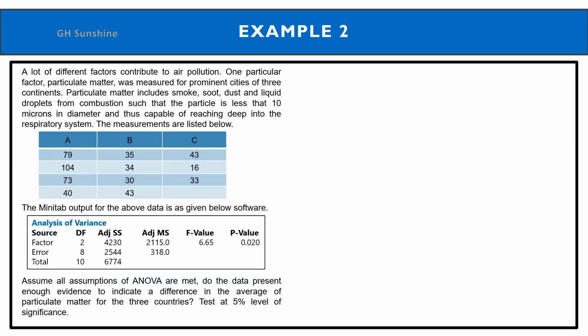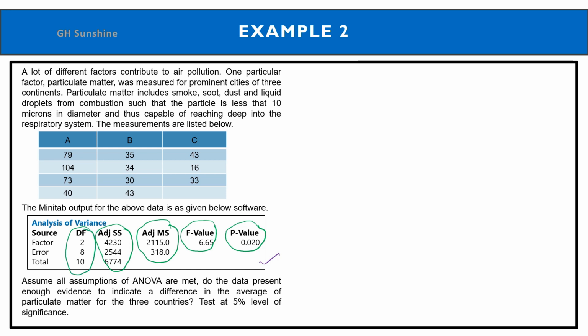Now we proceed to second example. So this one we will use Minitab output to solve the question. Okay, so here is the ANOVA table, and then this one P value, F value or F test, MS values, SS values, and then this one degrees of freedom.